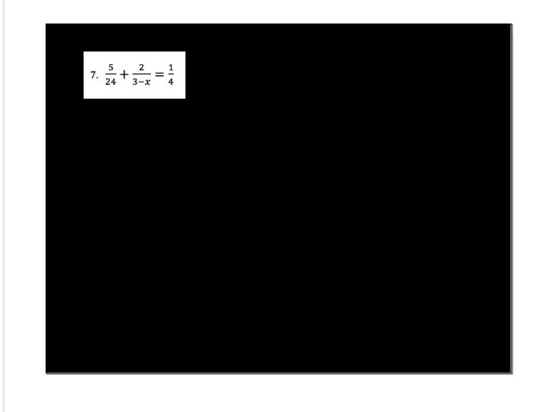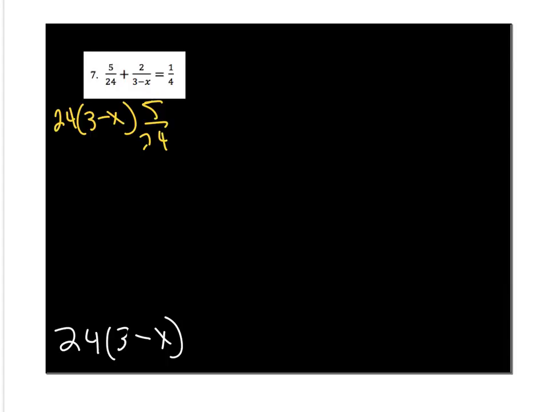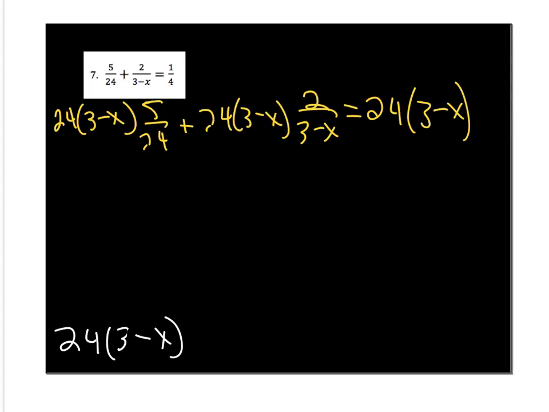So last one here for this kind of set. So you've got 24, 3 minus x, and 4. So setting this up, LCM should be 24 times 3 minus x. So I'm going to multiply 24 times 3 minus x times 5 over 24 plus 24 times 3 minus x times 2 over 3 minus x equals 24 times 3 minus x times 1/4.